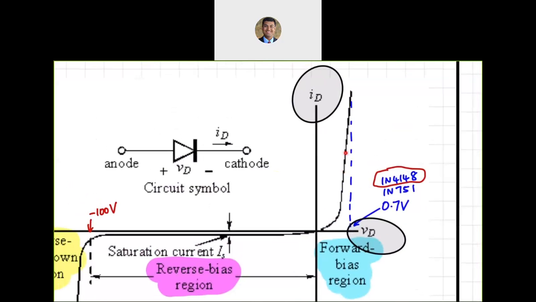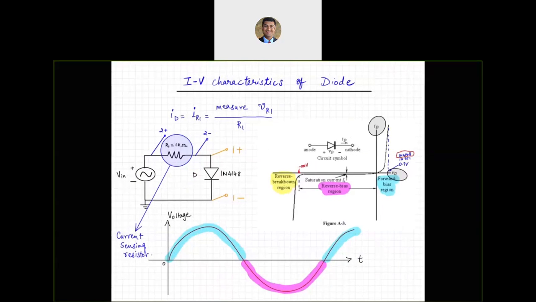Do we stop here, here, here? Where do we stop on the y-axis? Well, that is dictated by the voltage source and the resistance connected in series with the diode. That's how we do that measurement, and we'll look at more details when we do the actual measurement today.